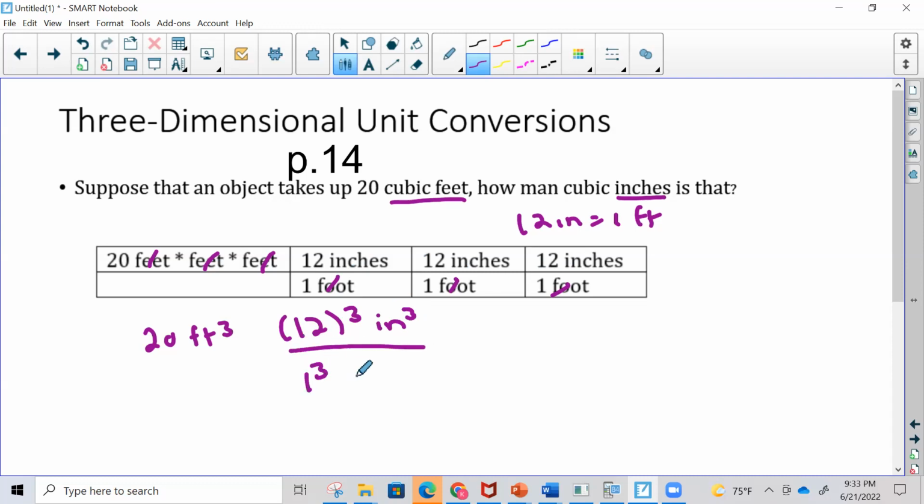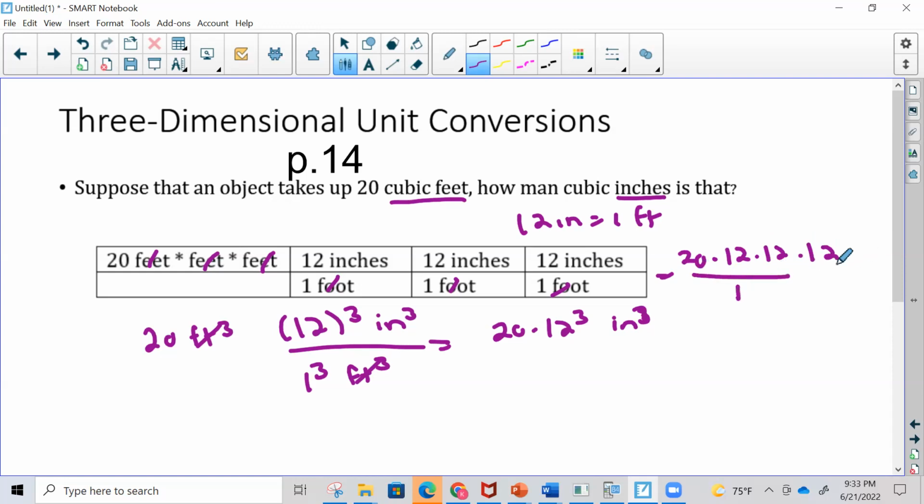And then 1 cubed and feet cubed, and then these would again cancel. And you would do 20 times 12 cubed inches cubed, or you could do 20 times 12 times 12 times 12, because that's the same thing, over 1 inches cubed.